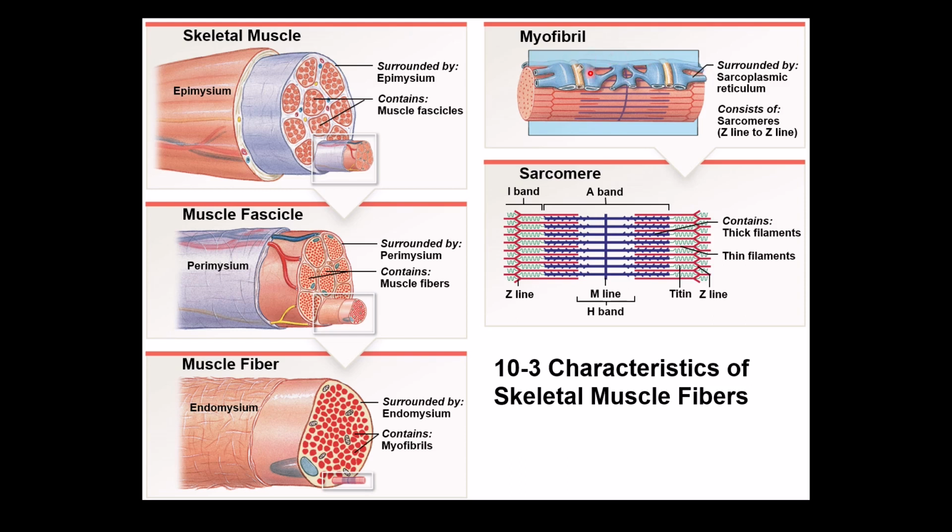This blue area that you see is sarcoplasmic reticulum. And the myofibril is made of thick and thin filaments. So this blue line that you see is the thick filament, and the red one is a thin filament. And from this area to this area, it's called a sarcomere. So one muscle fiber has a lot of myofibrils, and one myofibril has a lot of sarcomeres.